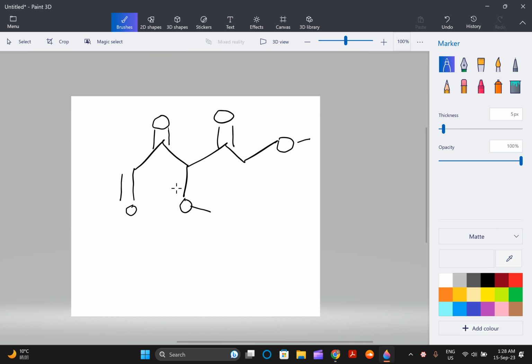So if we take a look, this is a double bond right here, right? And this end right here is just oxygen, methyl oxide. So if you note the order, the rankings, we're going to start from left to right.